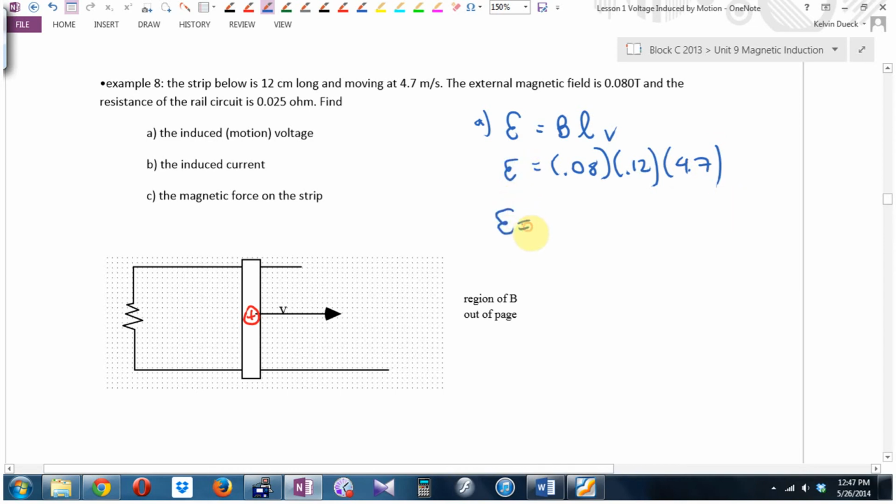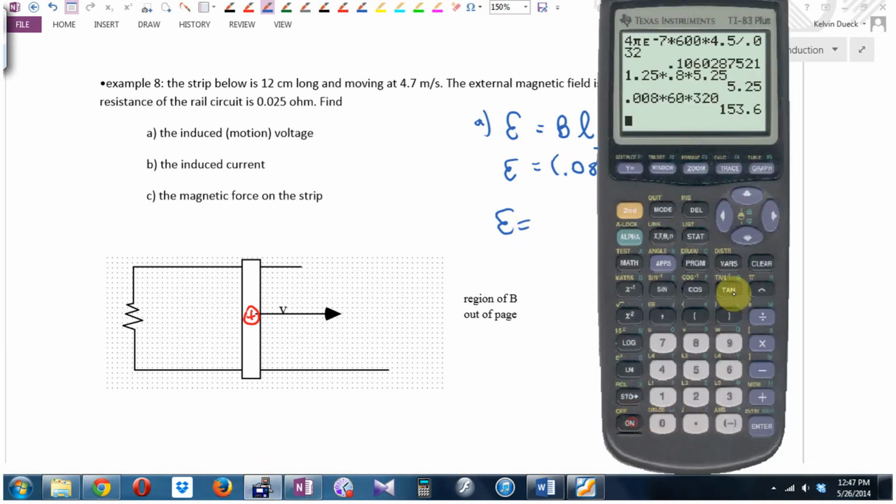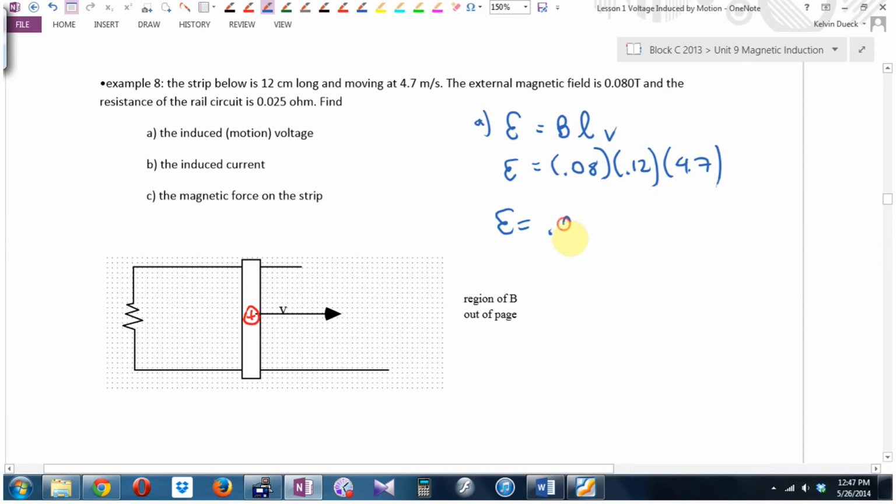How many volts will this generate? 0.08 times 0.12 times 4.7. You get 0.045 volts. Not much. But remember, EMF, that's the same as voltage.